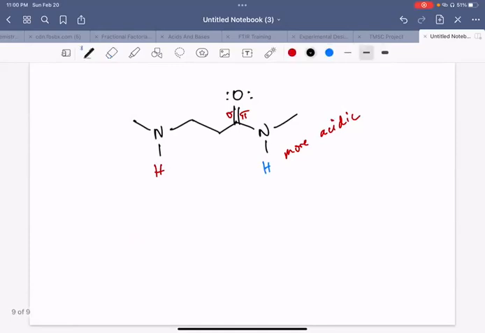And when we draw the resonance form here, electrons are being delocalized. This pi bond is now moved to the nitrogen from oxygen, and that's what happens.